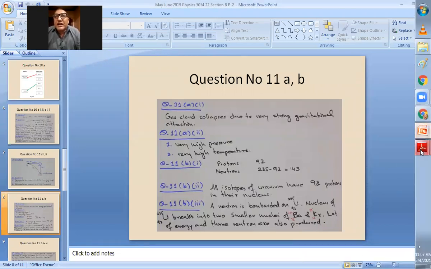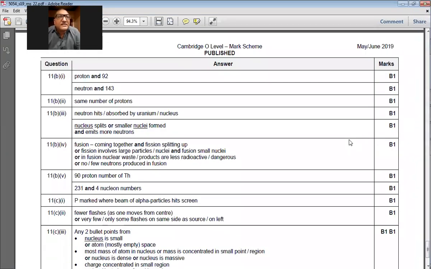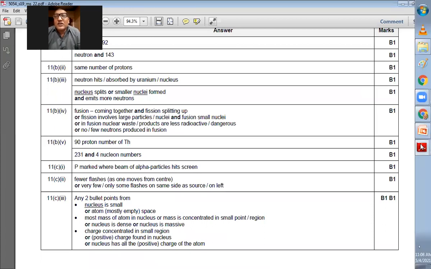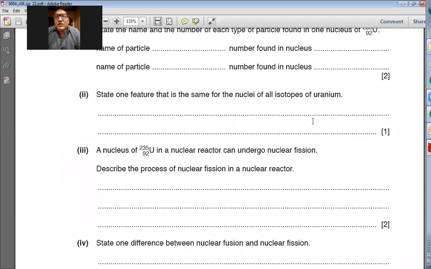So let me check the marking scheme, what the marking scheme says about this. So here we have neutron is absorbed by the uranium nucleus. Nucleus splits, so smaller nuclei formed or emits more neutrons. So this is question number 11B, second part. So let's move to the next question.